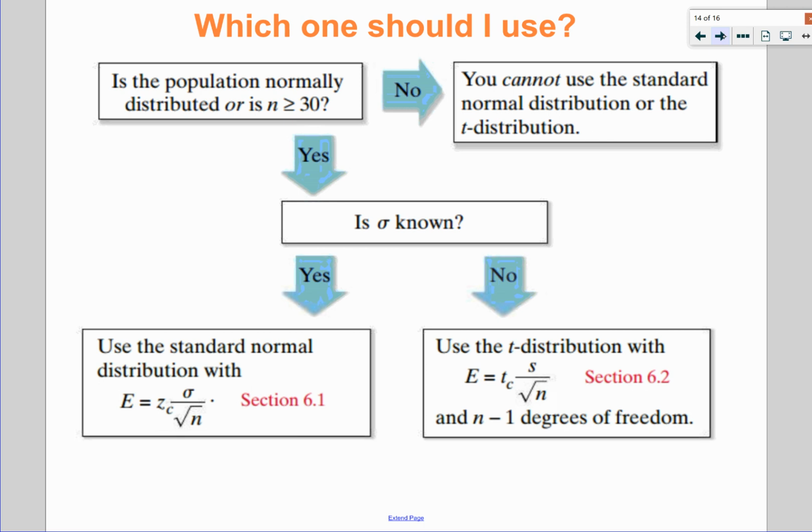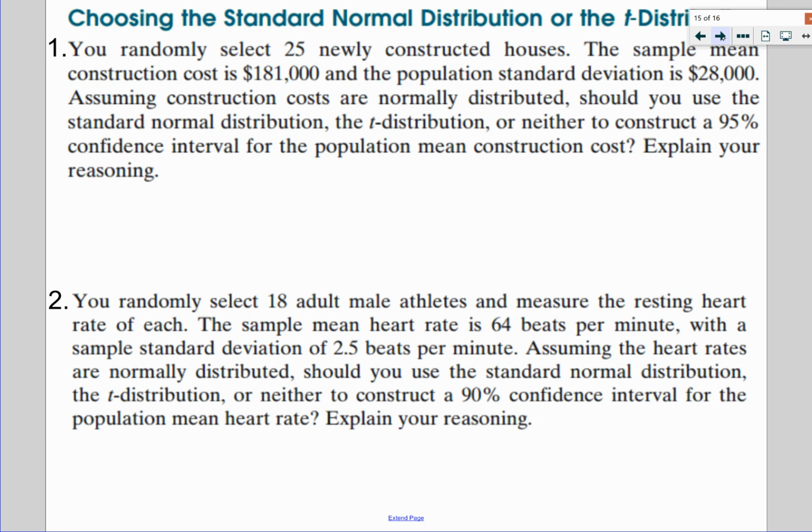If you know the population standard deviation, you use the standard normal test with the Z. If you do not know the population standard deviation, you use the test with the T. Notice the margin of error is a really similar formula in both sections. The difference is we find our critical value from the standard normal Z chart, versus finding the critical value using the degrees of freedom from our T chart. The last slide on your paper is asking you to figure out which of the two you use. We're not actually going to write the whole test.